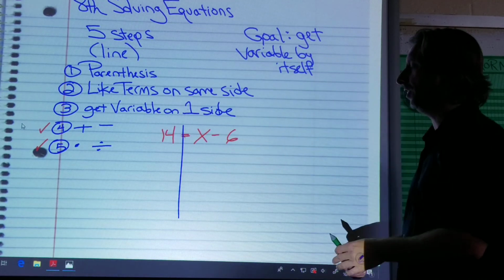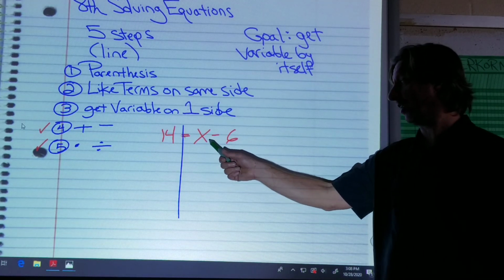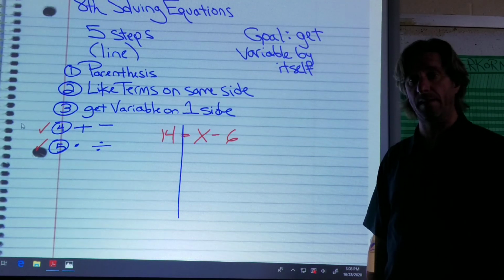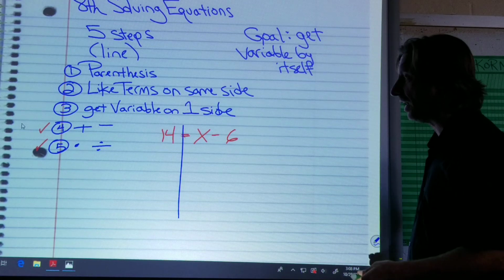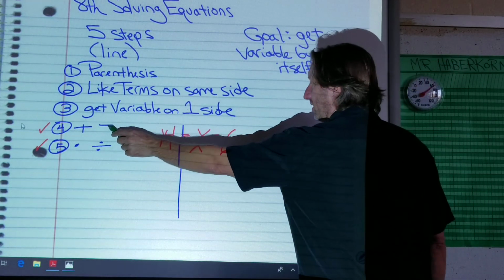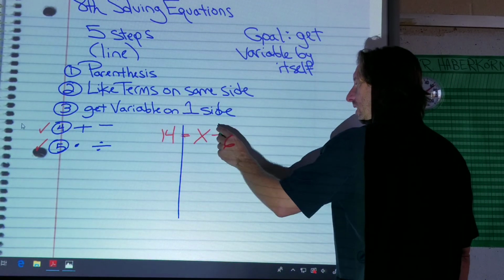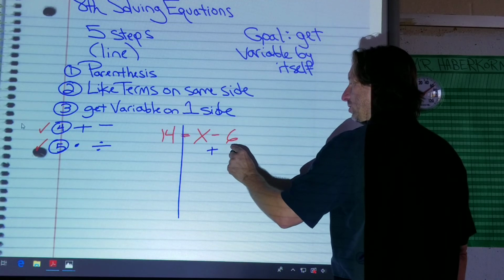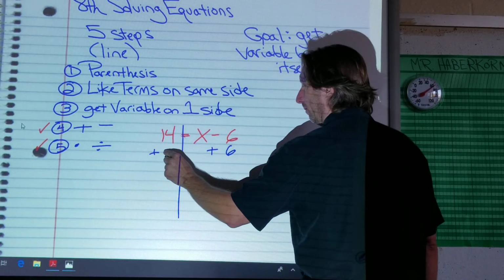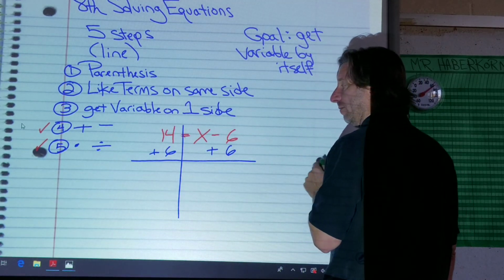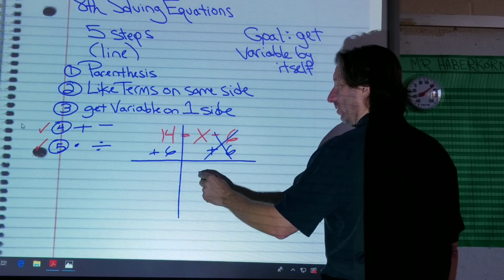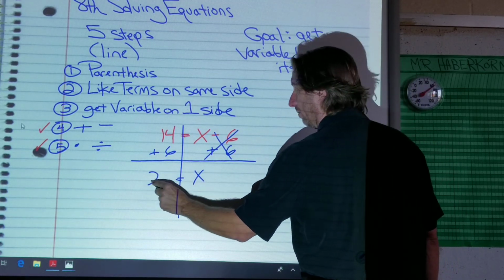So our variable here is x, which means we have to get rid of the minus 6 on this side. So we do the inverse operation. I'm going to add 6 to each side. These cancel out, and we get x equals 20.